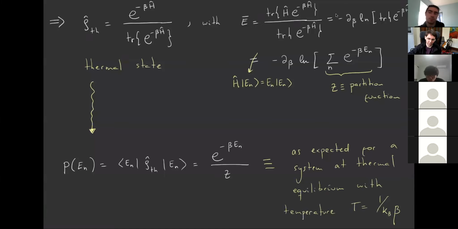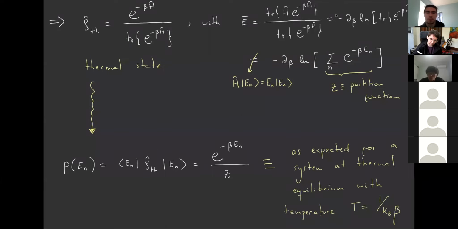So essentially, you can either see this state as the state that maximizes the entropy subject to an energy constraint, or as the state of the system when it is at thermal equilibrium at temperature T, 1 over beta, okay?